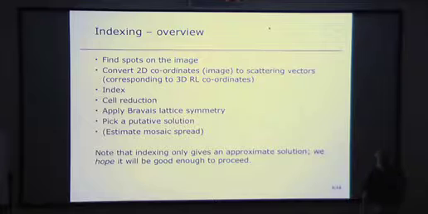Okay, so an overview of what we do in indexing is, first of all, you have to find the spots on the image, and this is actually quite a slow process, but we can do it reasonably efficiently. Then we take those spot coordinates on the image and convert them via a little bit of algebra to scattering vectors, which correspond to three-dimensional reciprocal lattice coordinates. Then, taking those three-dimensional scattering vectors, we can actually do the indexing itself.